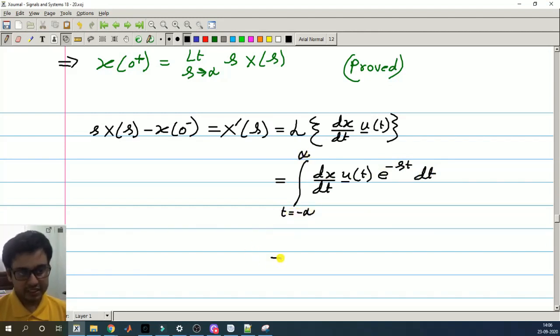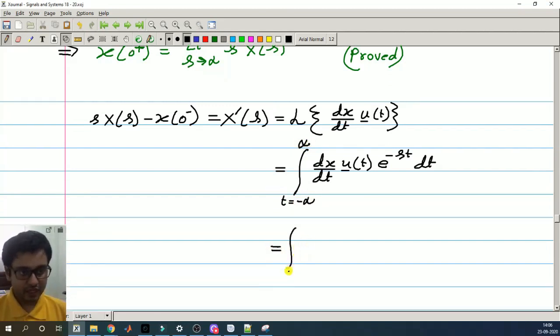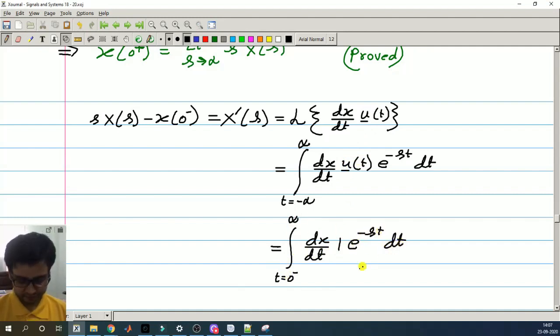Now this is same as the integration of this term starting from t equal to 0 minus up to infinity, because before this 0 minus, this u is 0, and here u is 1 in this range, and then e to the power minus st dt.